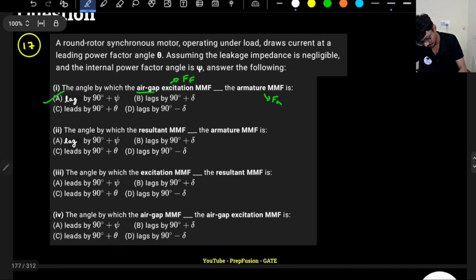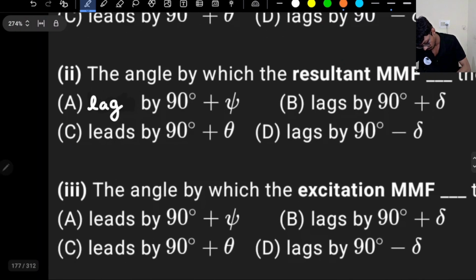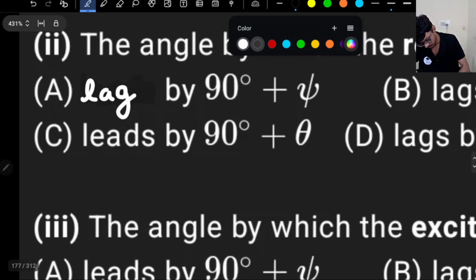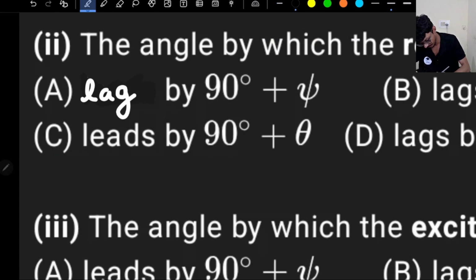Option C will be correct. This also will be lag. Everything will be lag.